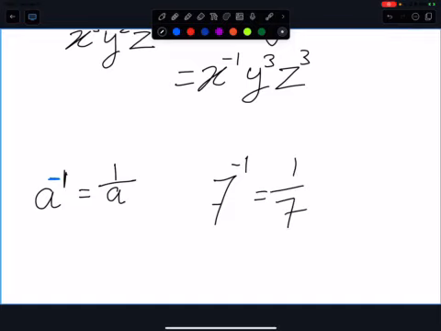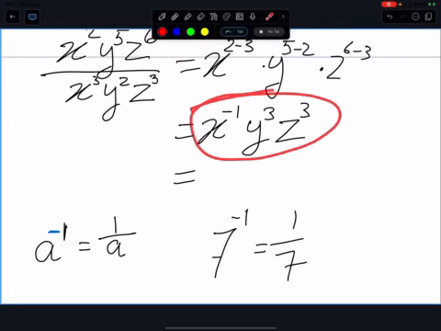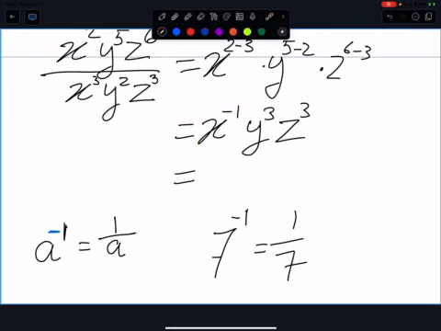Done, that's it. So you can further rewrite this in a different way. You can say y3 z3 divided by x, because it's x to the power of minus 1.